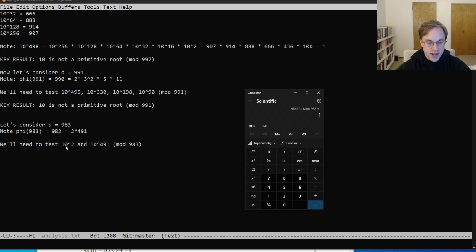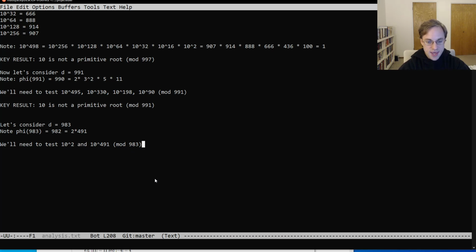But the fact that neither 10 squared nor 10 to the 491 was congruent to 1 mod 983, we have our key result and our solution. 10 is a primitive root mod 983, and therefore our solution. Actually, let's say final result.